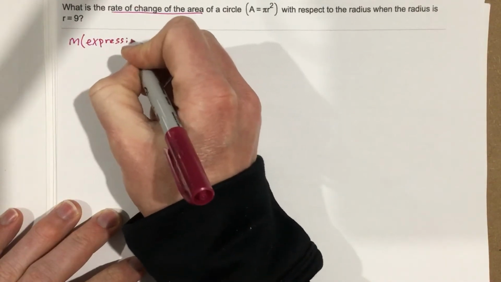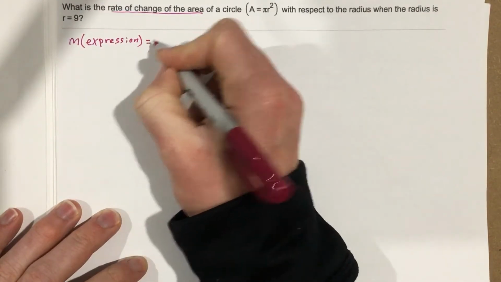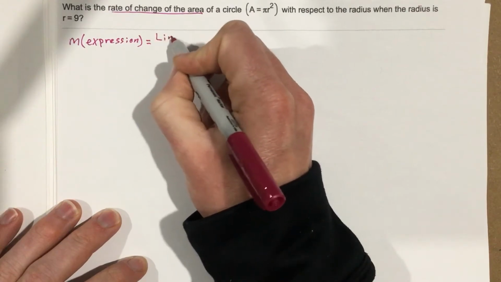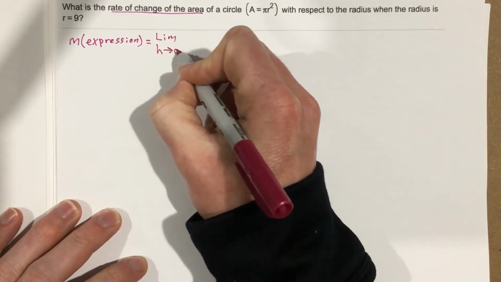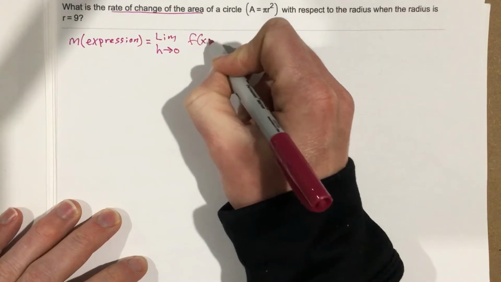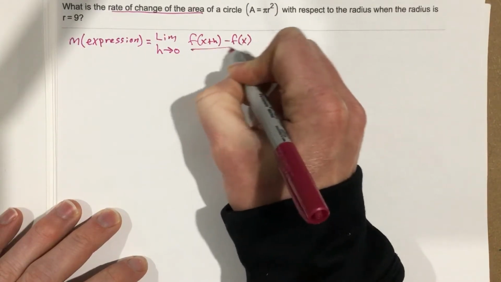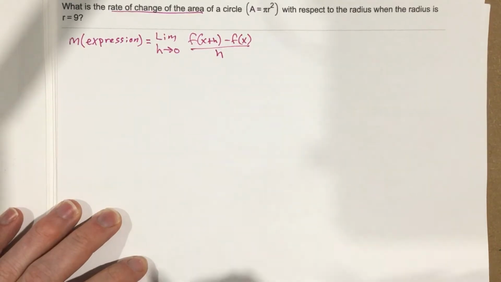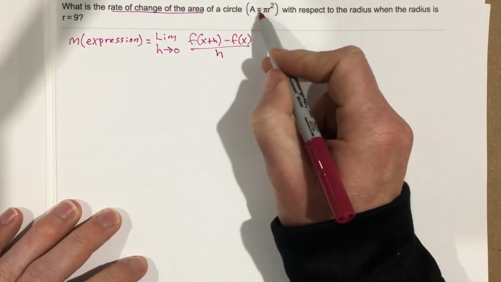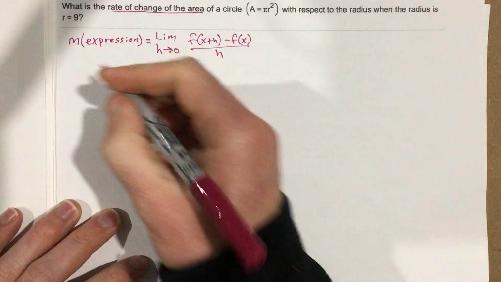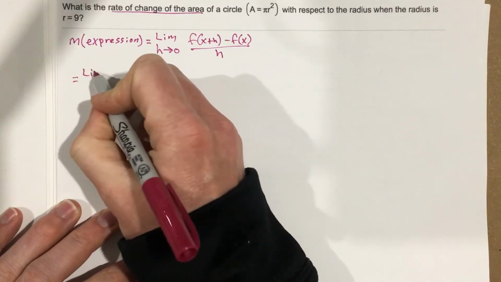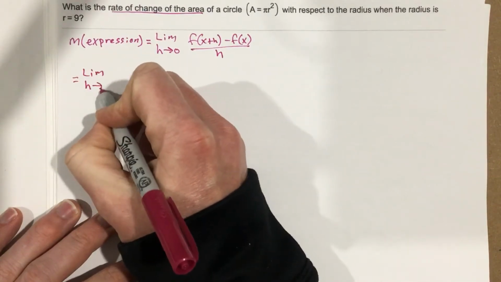for this function. And to find the slope expression, we're going to get the limit as h approaches 0 for f of x plus h minus f of x all over h. And we're going to do that for this function here. So we're going to say that that is equal to the limit as h approaches 0.